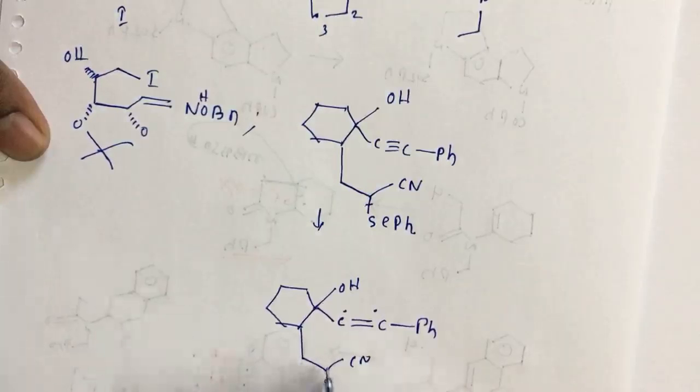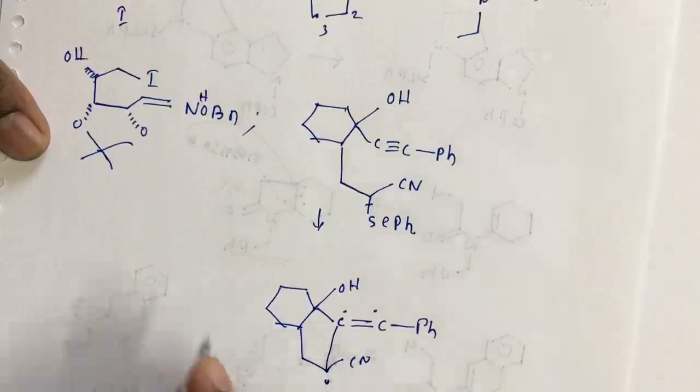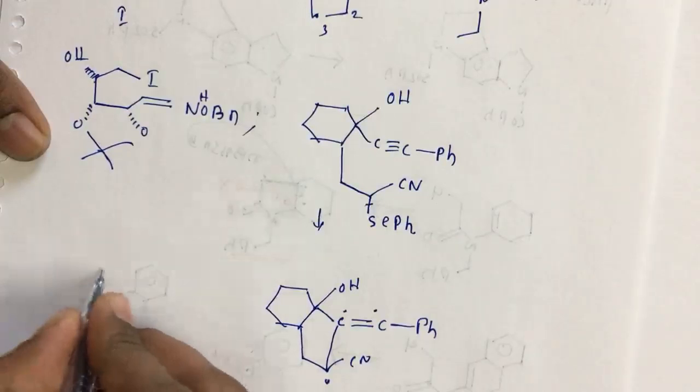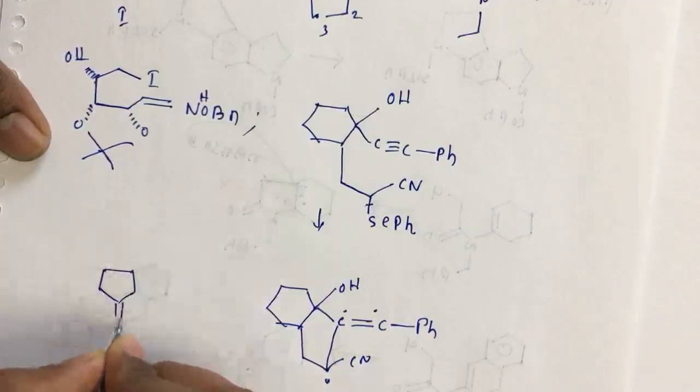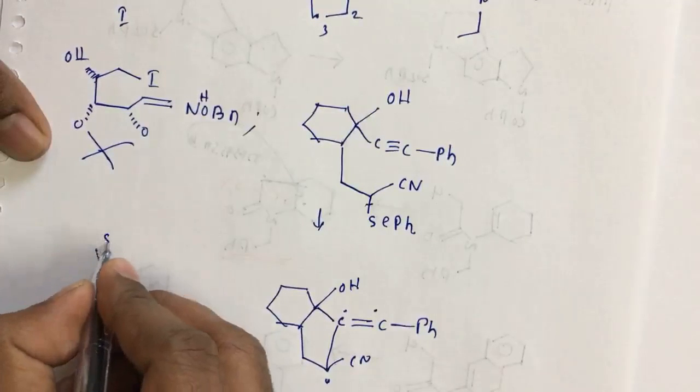So just make sure that you get a 5-member ring. If you connect these two, you will get a 5-member ring. Okay. And one last example, here also it's the same, we have SPh here.